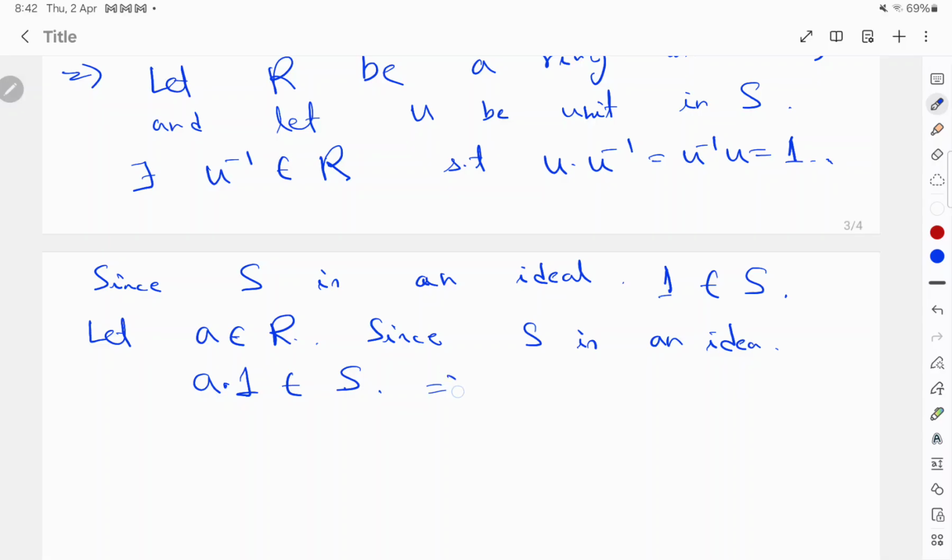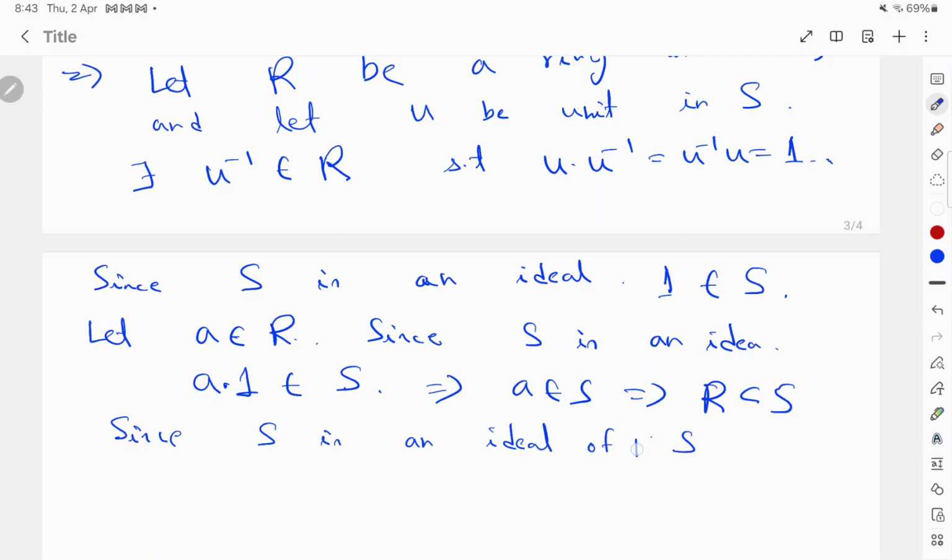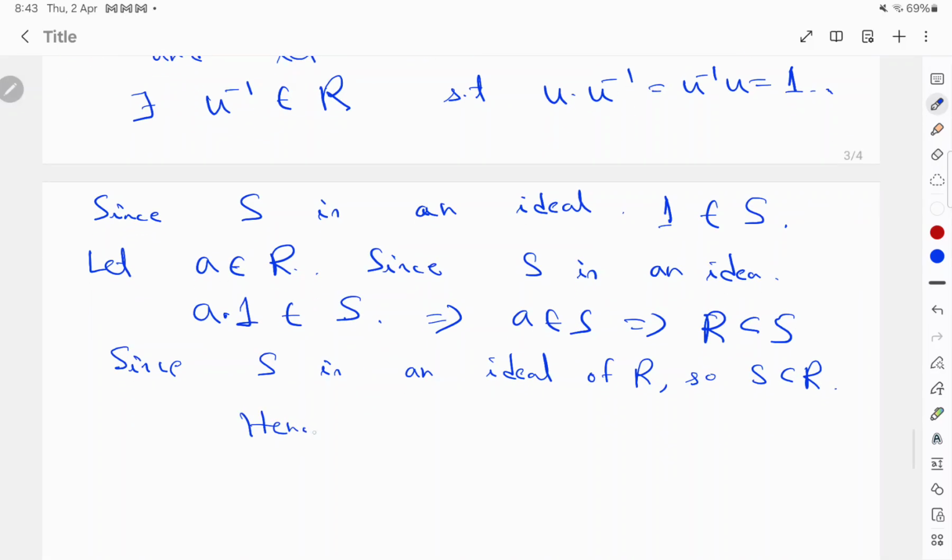So that implies A belongs to S, that means R is a subset of S. Now you know that S is actually a subset of R. Again you are saying R is also a subset of S, so combining these two, hence you have S equal to R. Okay, so remember that if 1 belongs to that ideal, that's it, nothing more. This is done.